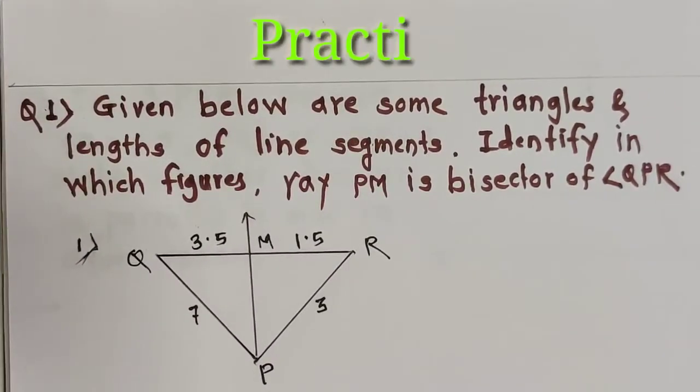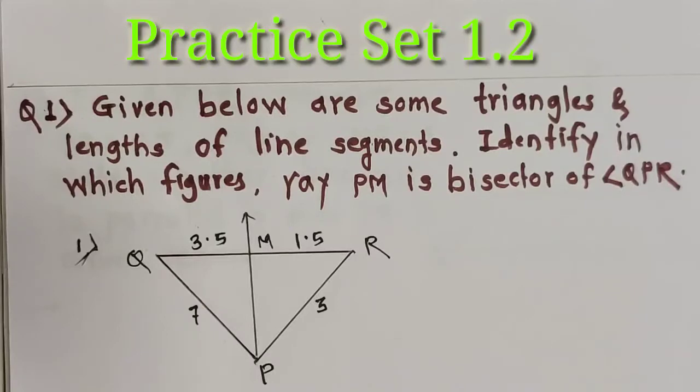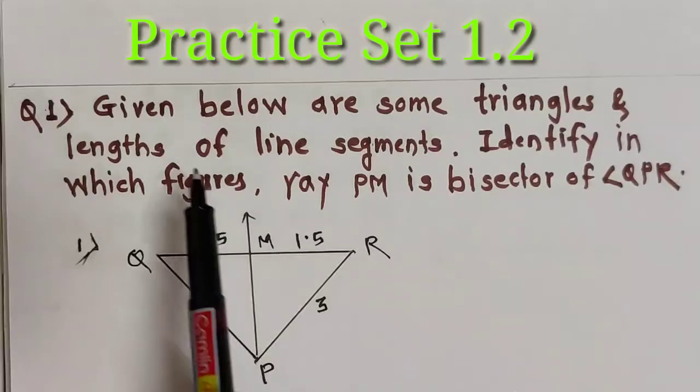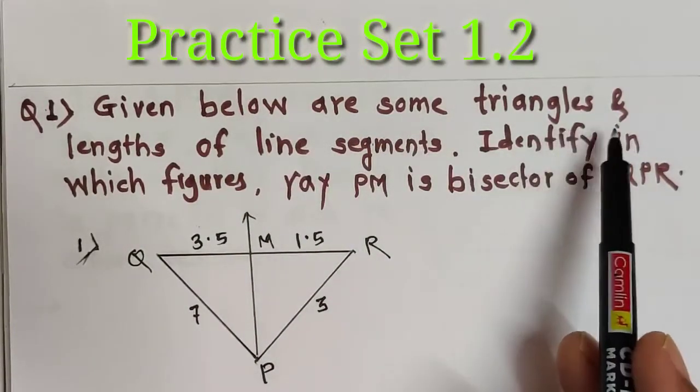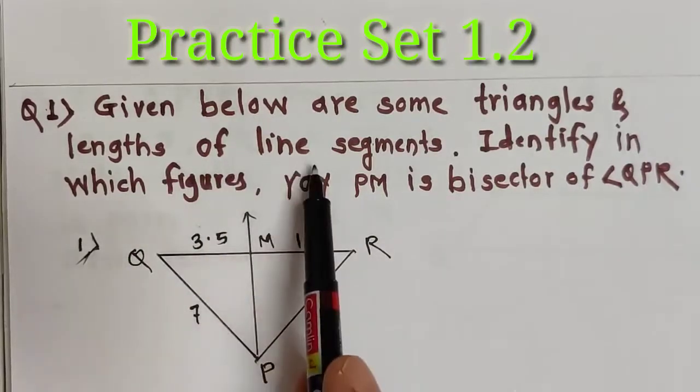Hello friends, let us see practice set 1.2 from similarity. Here the first sum is: given below are some triangles and lengths of line segments.